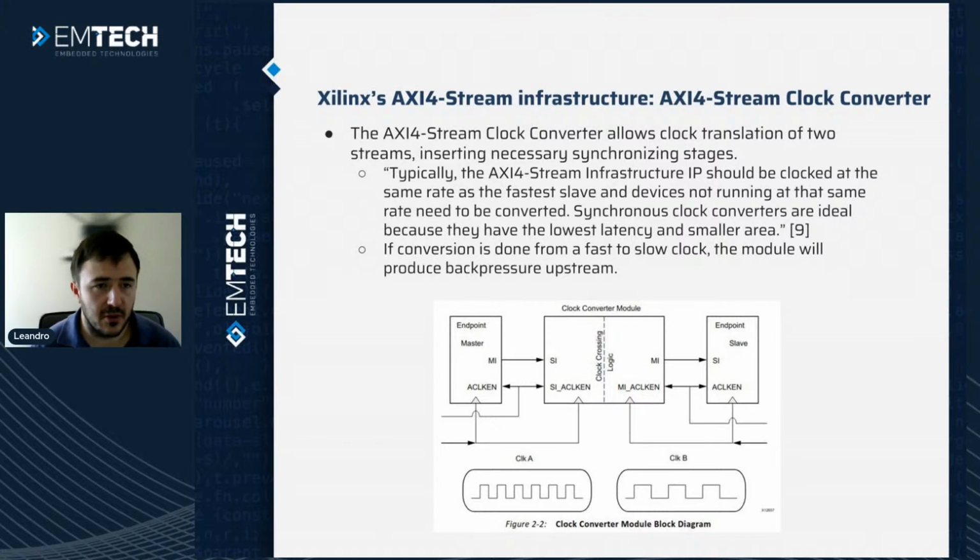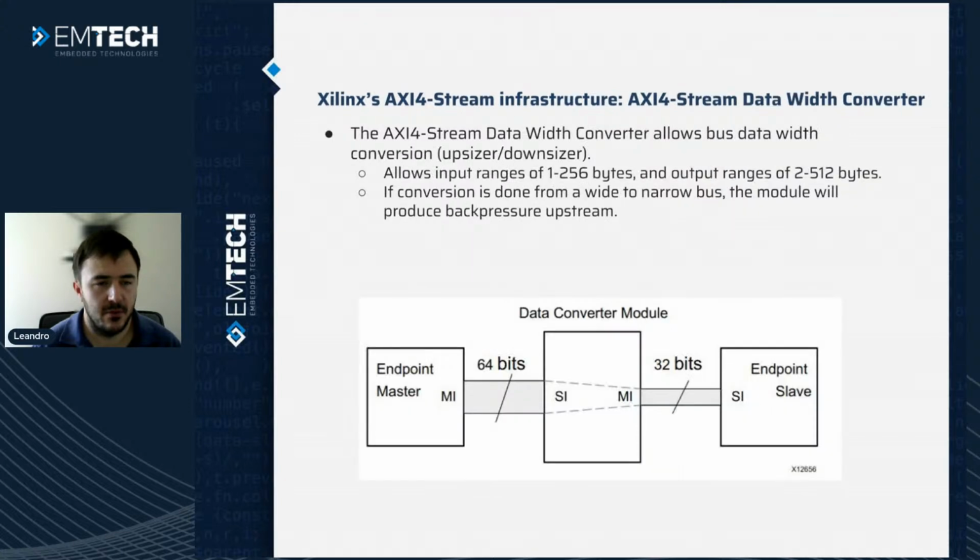You're not losing data, but you're going to stall the data path because this does not convert any kind of width. So if you're entering with 100% throughput, 100% duty cycle, and it's going to a slower clock, there's no other way but to introduce back pressure.